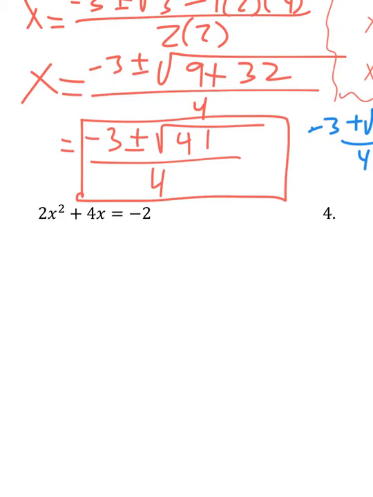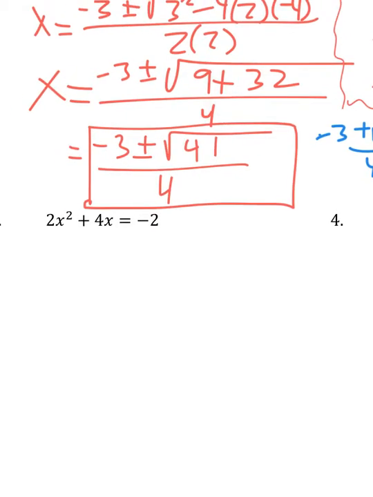What's the first thing you want to do? Add 2. You got to make it equal to 0. Add 2 to both sides, right? So 2x squared plus 4x plus 2.